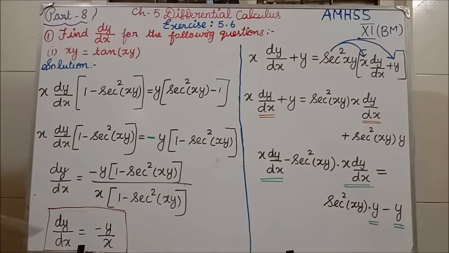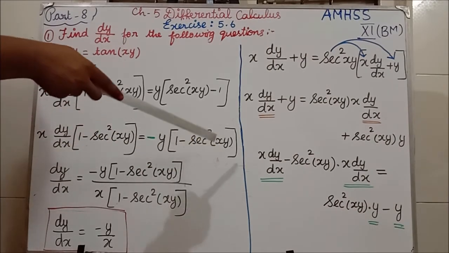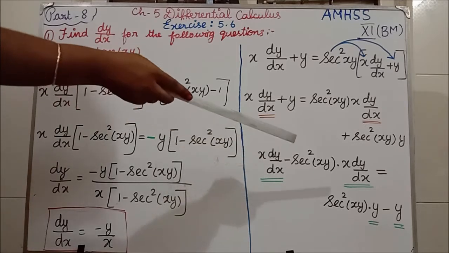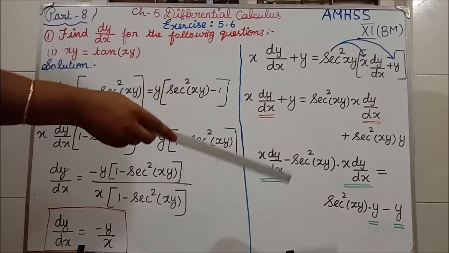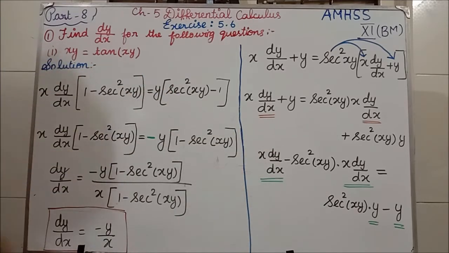There I have underlined using green marker. See x dy by dx minus secant square xy dot x dy by dx. For the first term and second term, we are having x dy by dx commonly. So I am taking that x dy by dx separately out.